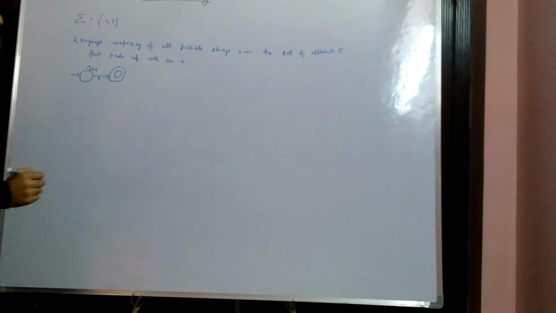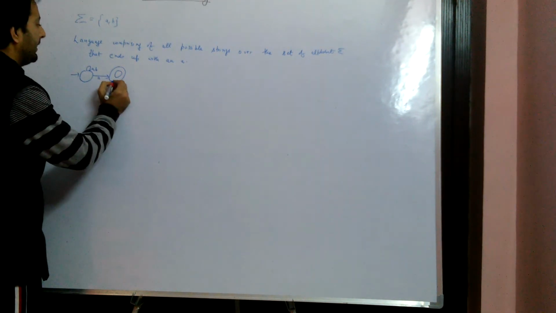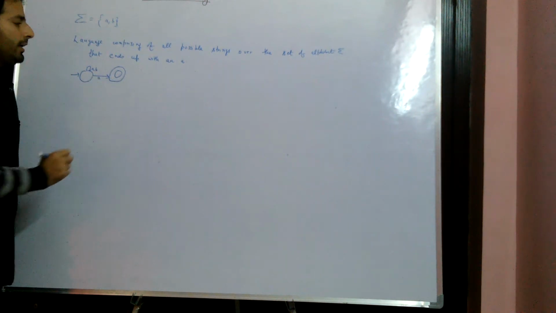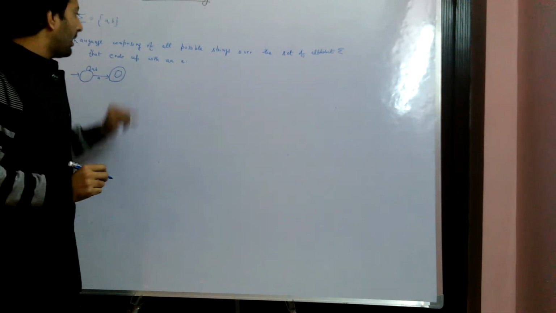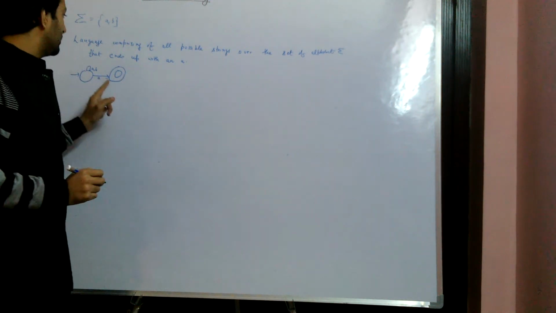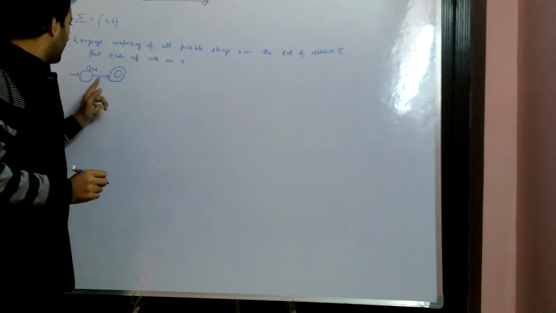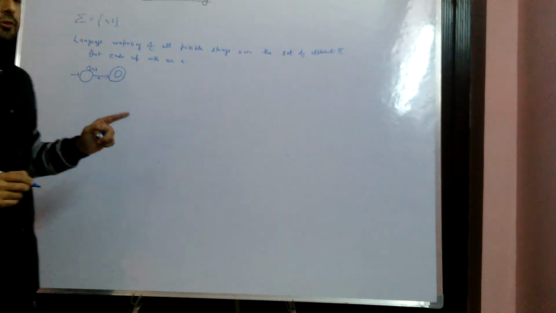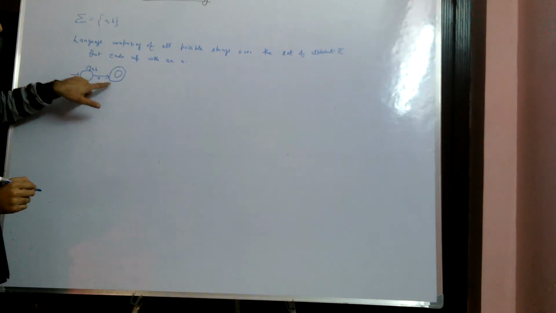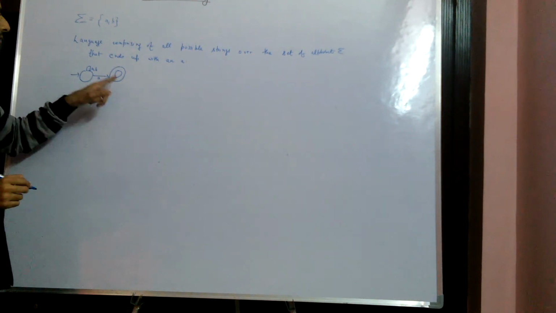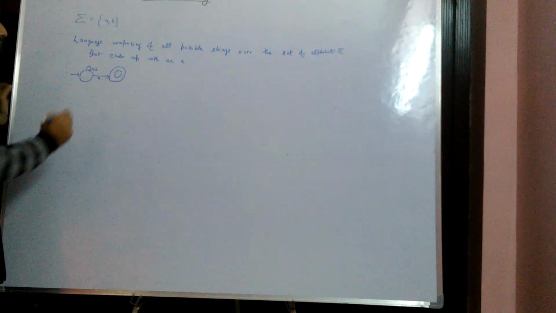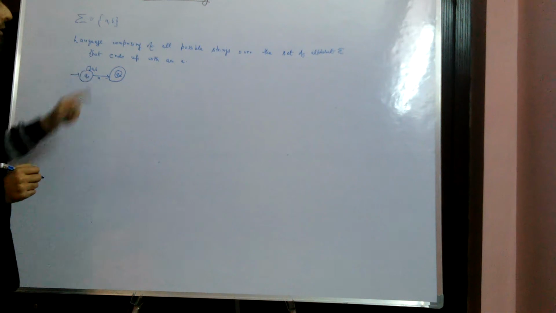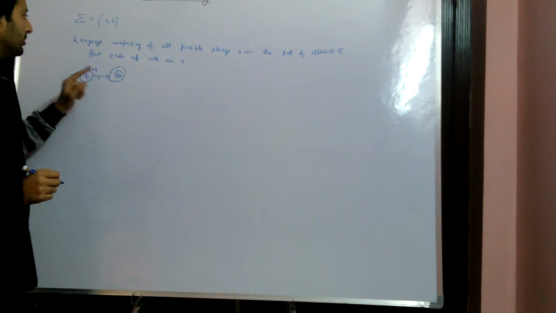If we encounter any A or B after this, then we should be waiting for the last alphabet, and we should go to the final state only if the last alphabet is an A. For this reason, whether the first alphabet is an A or B, we are not going to move ahead.